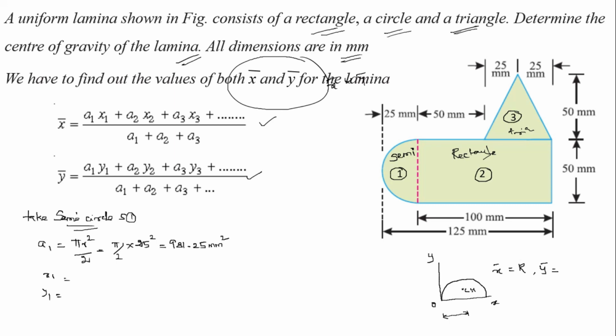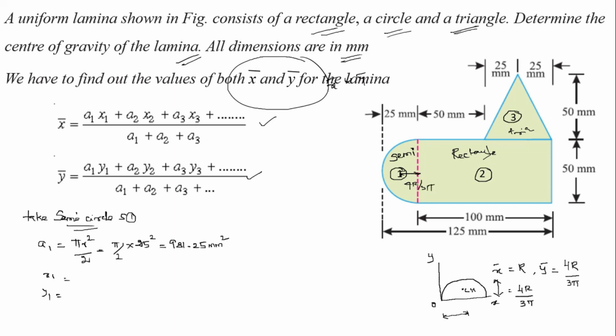For y bar, from the base in the y direction, the formula is 4r divided by 3 pi. So this is the value for y bar, 4r by 3 pi.